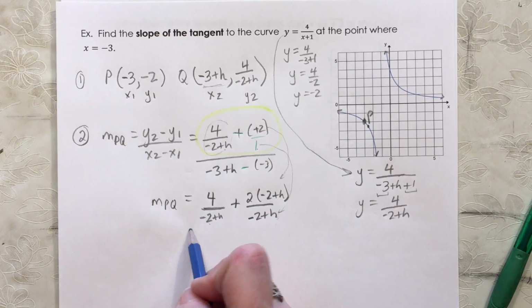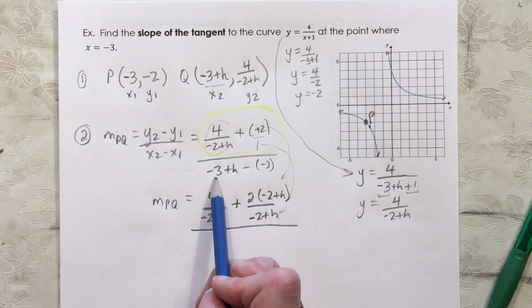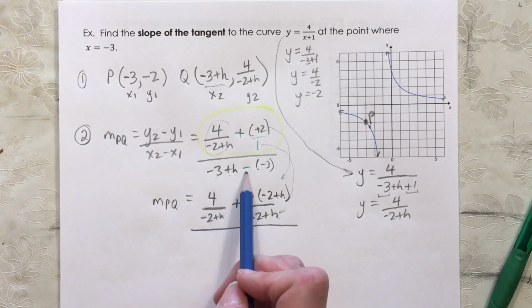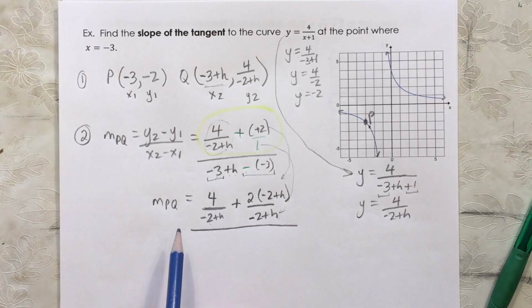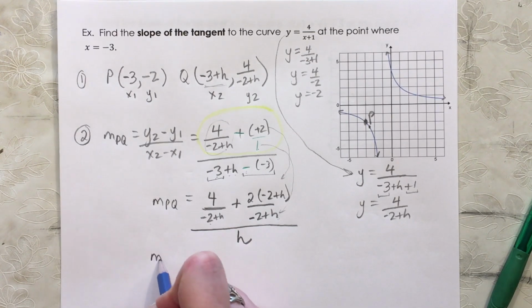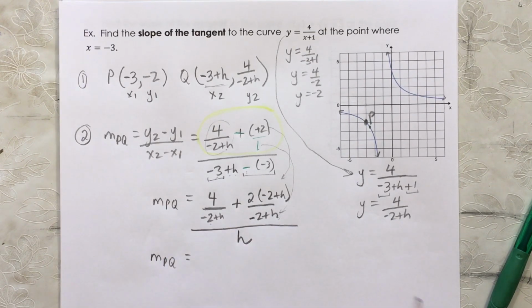Over, so here in the denominator, we have negative 3 plus h, and then again minus negative 3, so these negative 3 minus negative 3 add up to 0, and we're just left with this h in the denominator. So we're going to continue to simplify here.